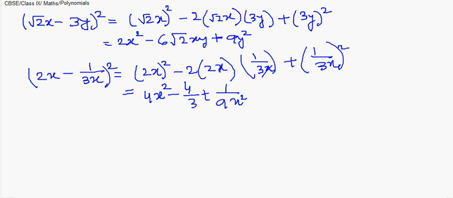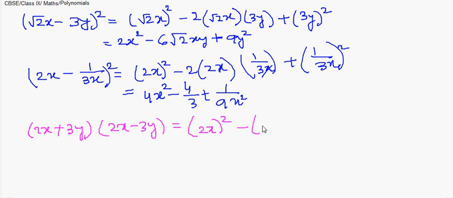Then you come across questions where it says find the product of these two expressions. Now we see in this question that (x minus a) and (x plus a) are written, so what we apply will be x square, which is (2x) whole square minus (3y) whole square. So that's 4x square minus 9y square. We now take up one more.